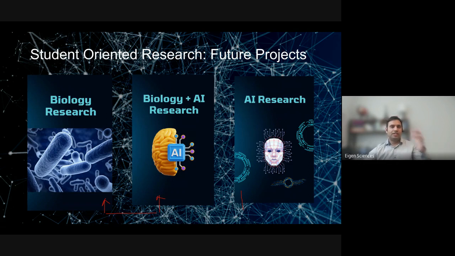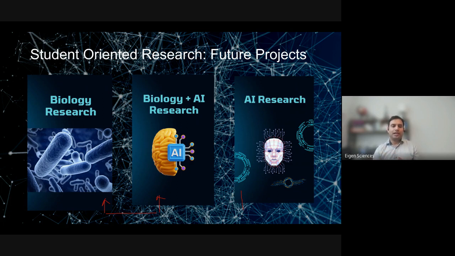Kids who are on the engineering side, computer science, programming, only do AI oriented research. The research project is what we focus on a lot. There are no group projects. Generally, we do one-on-one projects. So one kid, one PhD mentor.